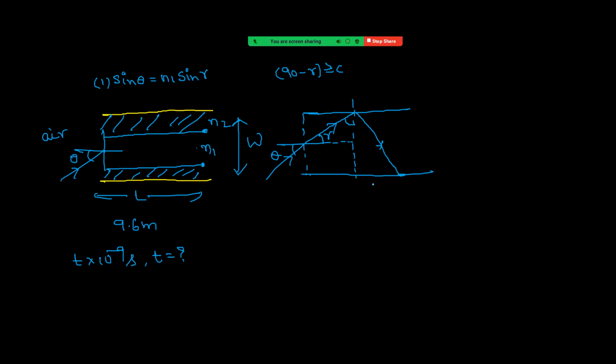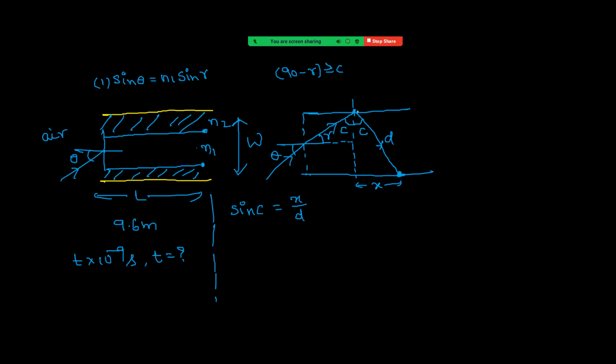Let us take this distance as x and take this as the distance traveled, d. Now see what we can get. If this is equal to c, then this is also c, right? Then the relation between d and x: sine c equals x by d.